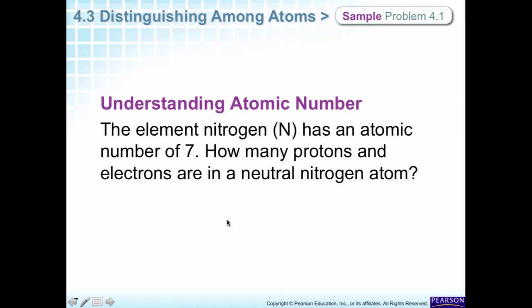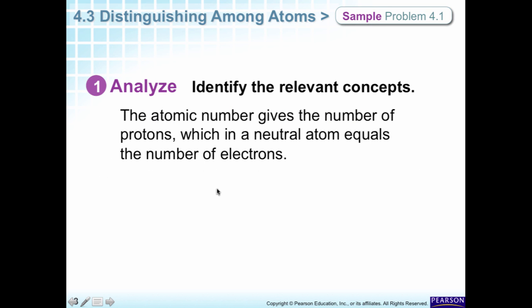So let's walk through an example. If we start out with nitrogen, we have an atomic number of 7. So the number of protons should be, you got it, 7. And if they're neutral, we should have 7 electrons.